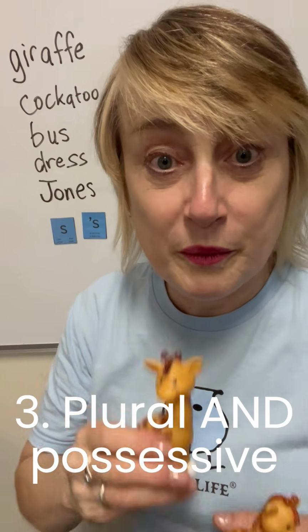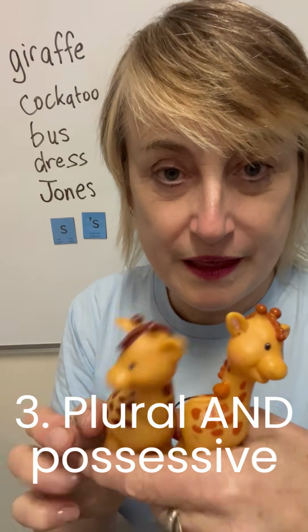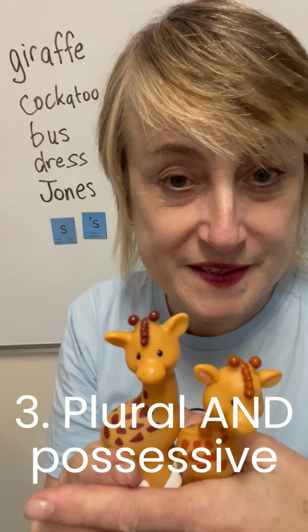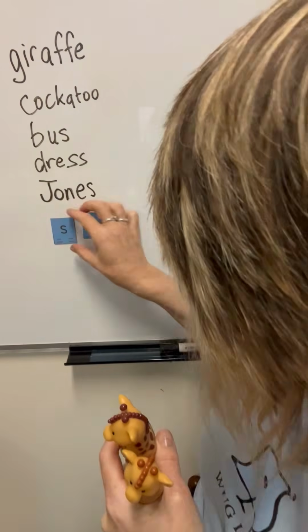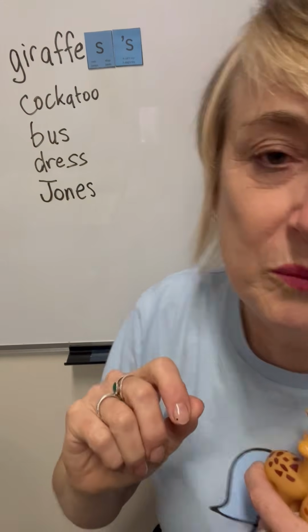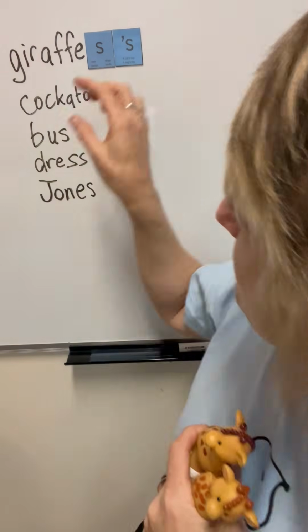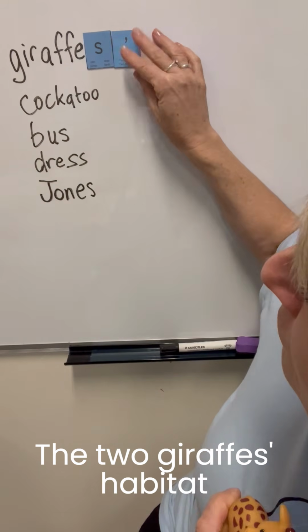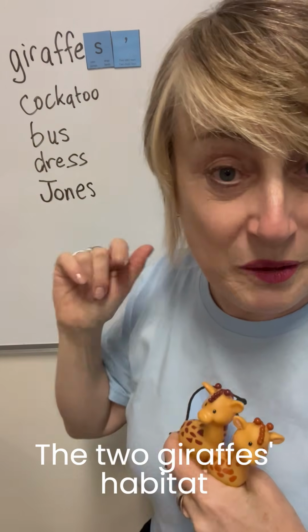Now we run into trouble when we've got 2 things that together own something. So the giraffe's habitat, and we want to be able to say 2 giraffes and they own something, it belongs to them, but we don't say the giraffes's habitat. So we use an allomorph of possessive, which is just an apostrophe.